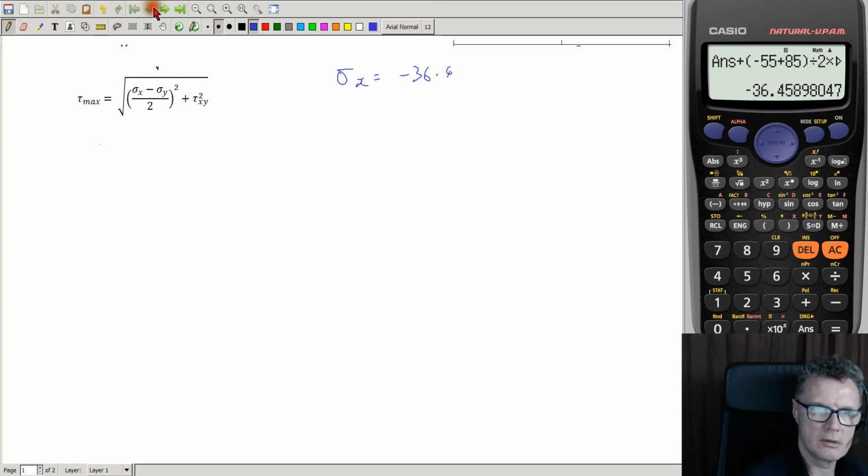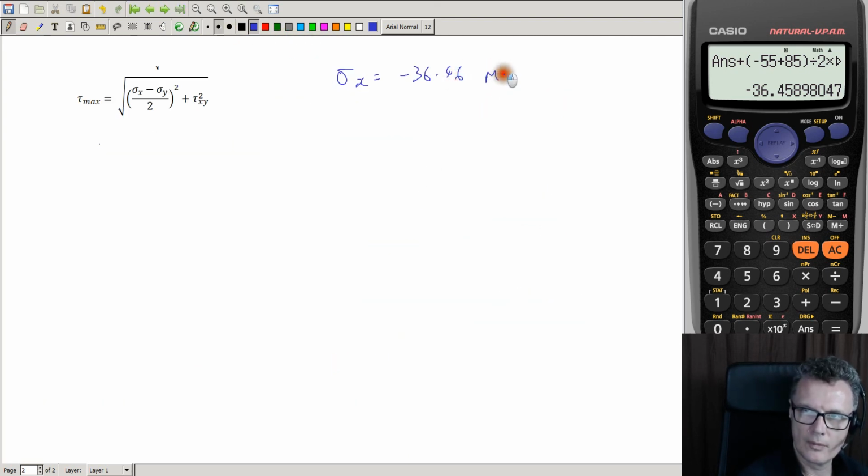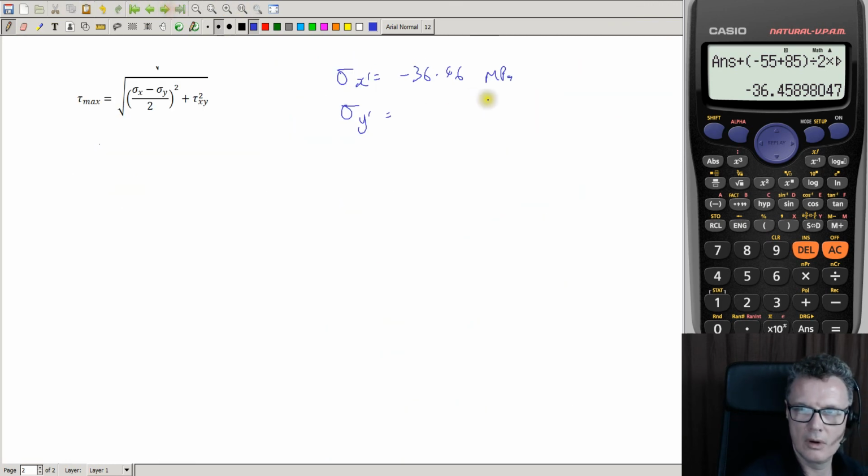And the, I should call that y dash, shouldn't I? And that's going to be minus 103.54 megapascals.